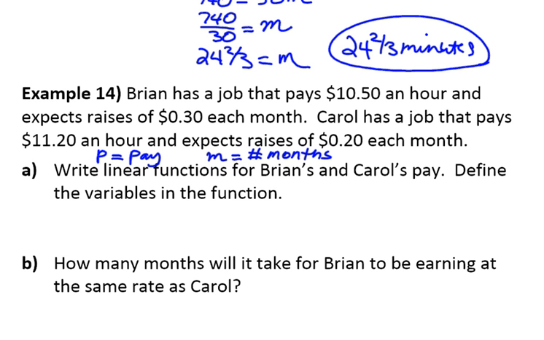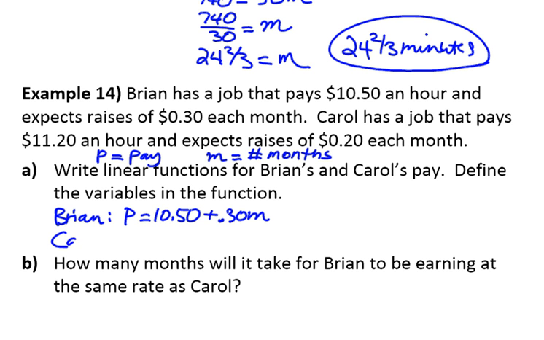So for Brian, what does Brian start out with? Brian starts out at $10.50. So his pay starts out at $10.50. And then he's going to get 30 cents each month. So plus 30 cents times M.